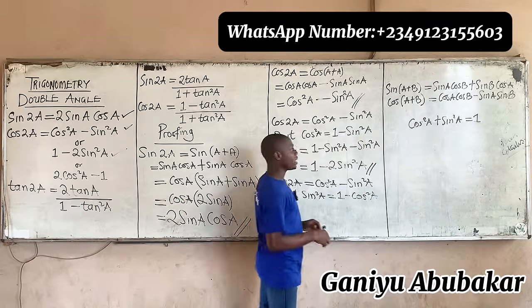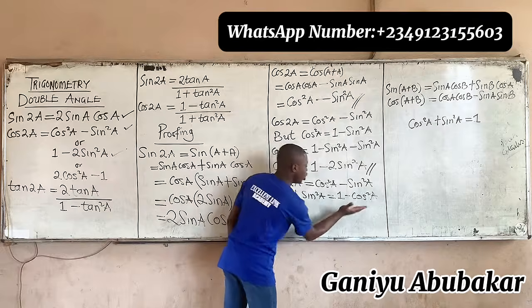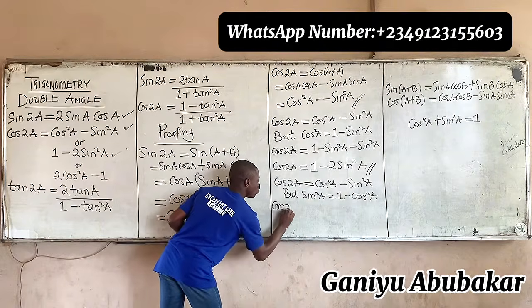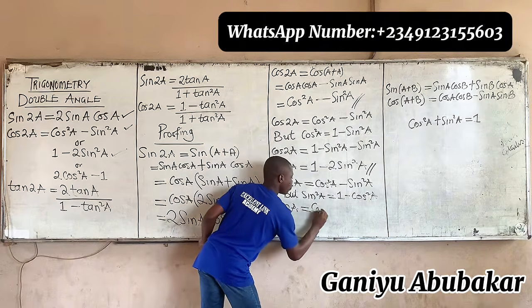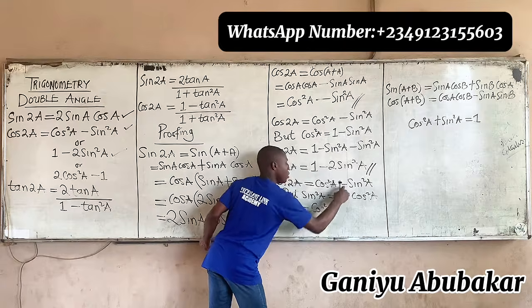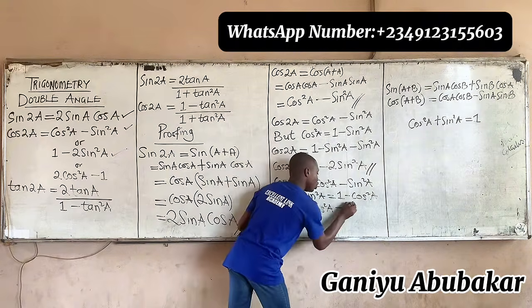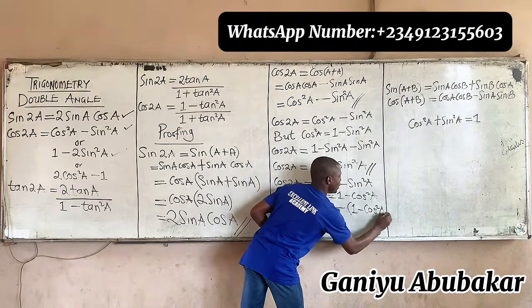So anywhere I see sine squared A, I will replace it with this. I can express cos 2A as cos squared A minus this sine squared A value, which is 1 minus cos squared A.